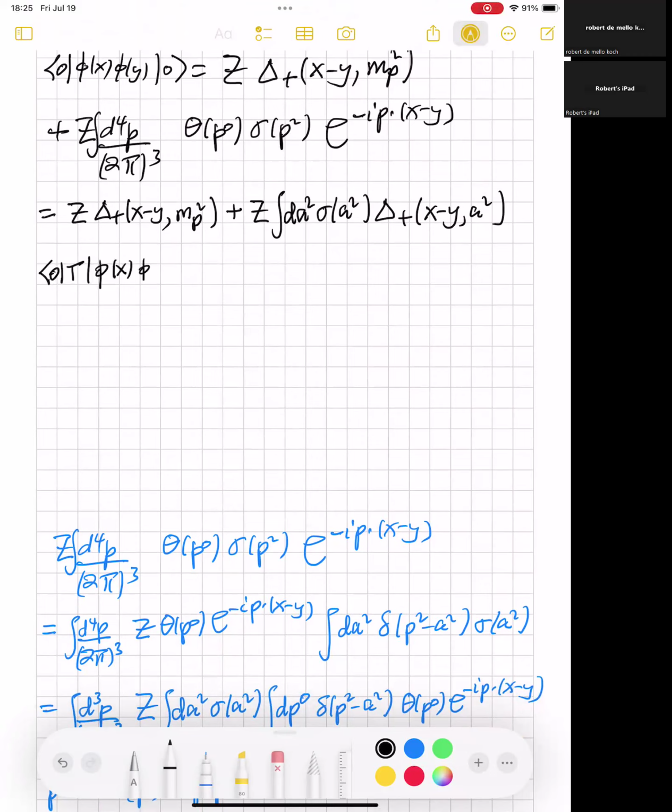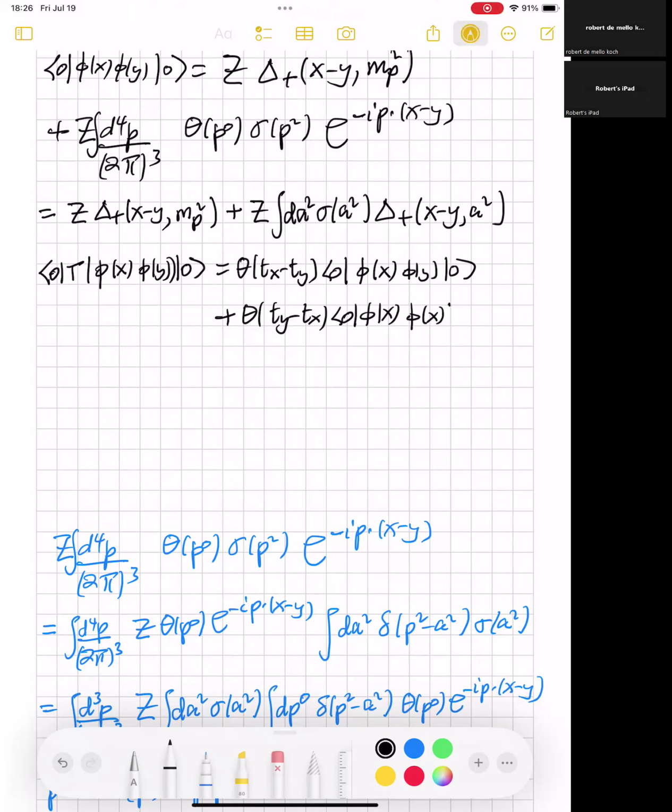And remember what that looks like, okay? We have got a theta function of Tx minus Ty multiplied by the vacuum expectation value of one ordering of the fields, plus the other theta function, Ty minus Tx, and the other ordering of the fields inside the Wightman function.